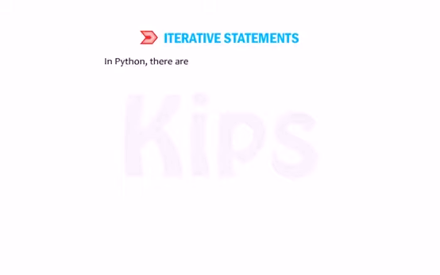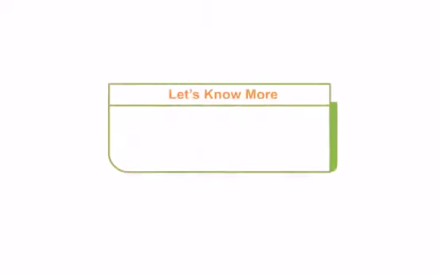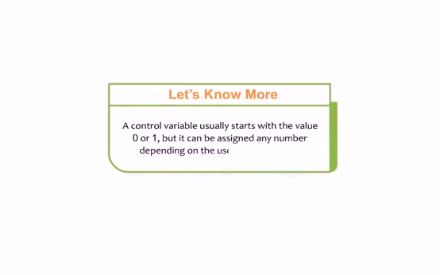In Python, there are 2 types of iterative statements: for, while. Students, let's know more. A control variable usually starts with the value 0 or 1, but it can be assigned any number depending on the user's requirement.